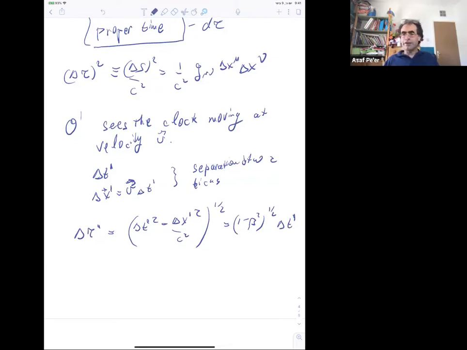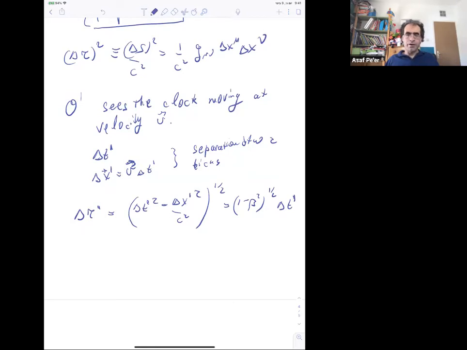Now, both observers are in inertial coordinate systems, so the coordinate systems are related via Lorentz transformation. Which means what? We said that in a Lorentz transformation, both observers agree on the interval. And since the proper time is just the interval multiplied by a constant, both observers agree on the proper time.